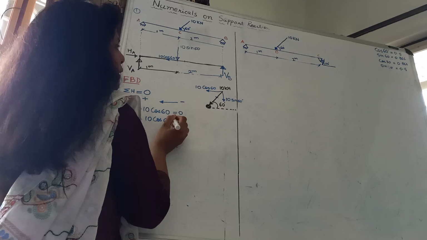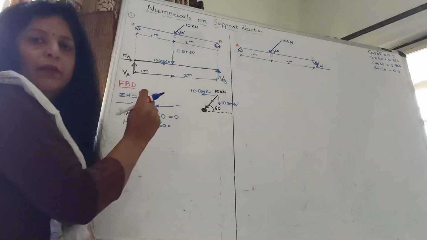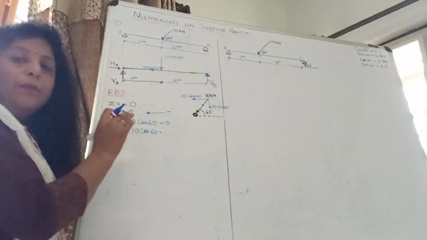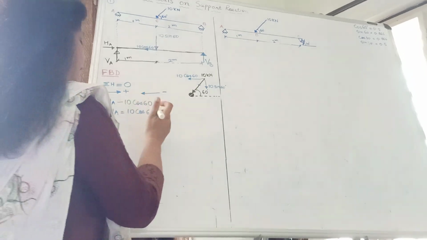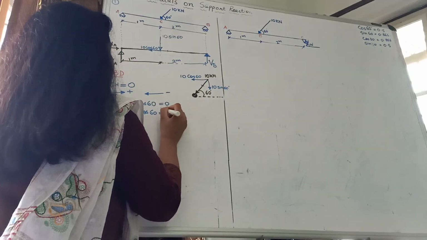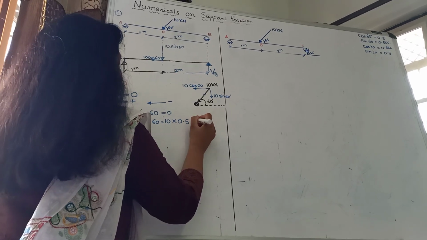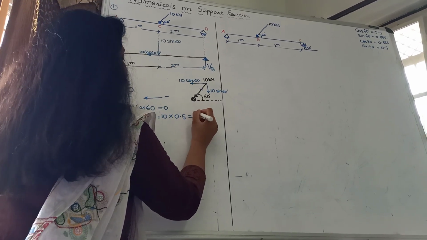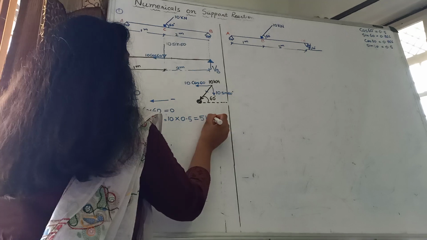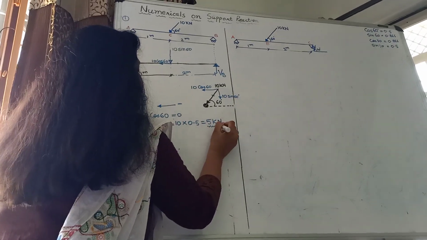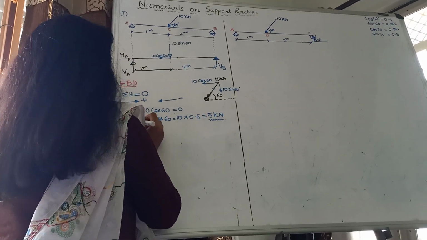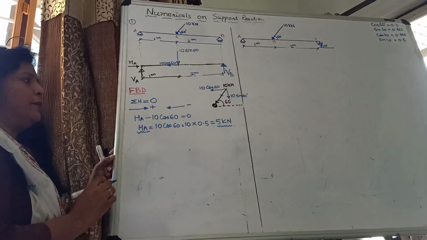And what is 10 cos 60? 10 cos 60 is 0.5. Okay, so 10 into 0.5, that is equal to 5 kilonewton. So we have got the first answer, HA is equal to 5 kilonewton.